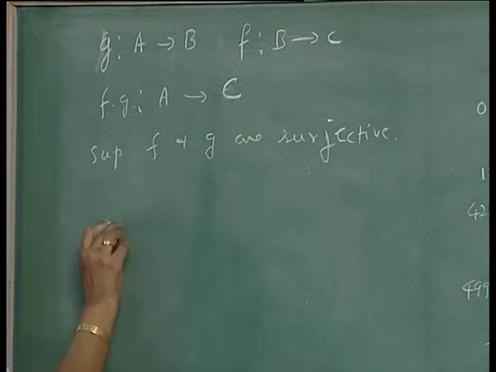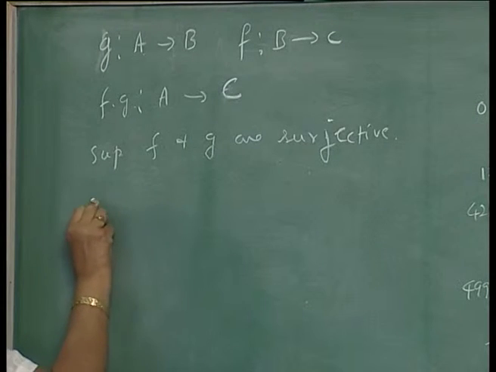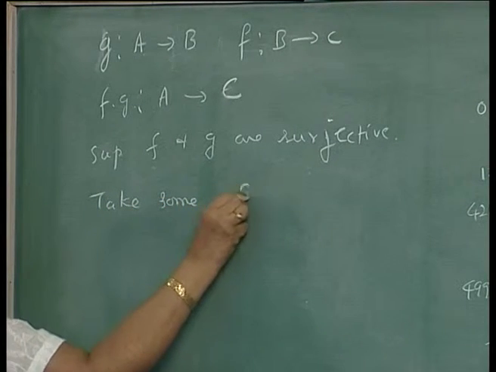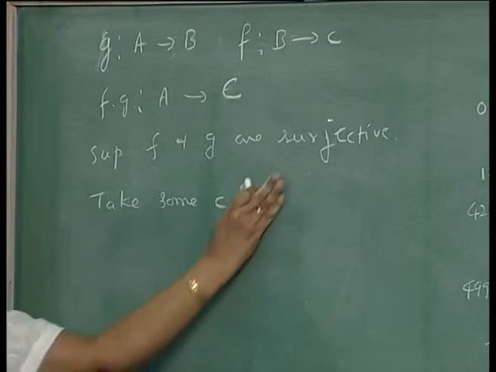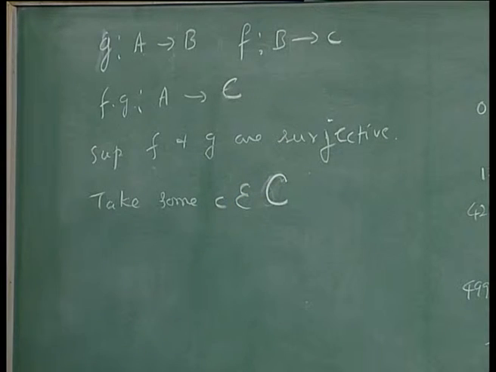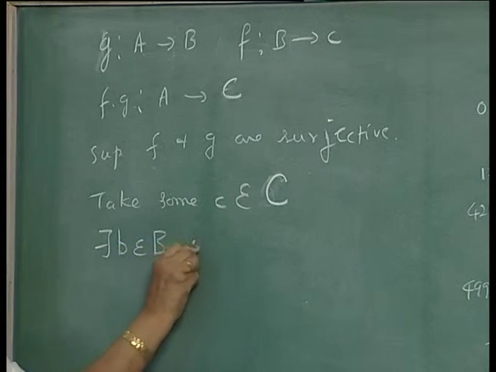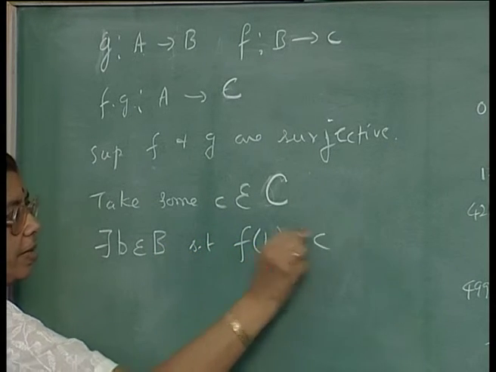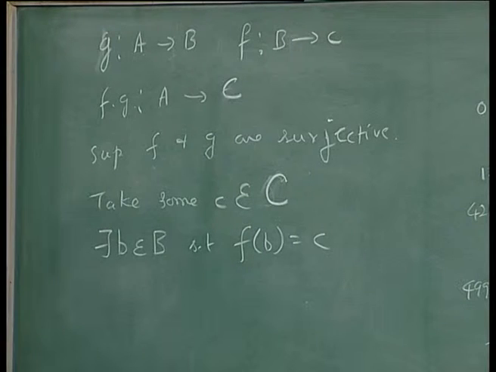Because f is surjective, take some element C belonging to C, then there exists a B belonging to B such that f of B is equal to C. Then only the surjective condition is satisfied.